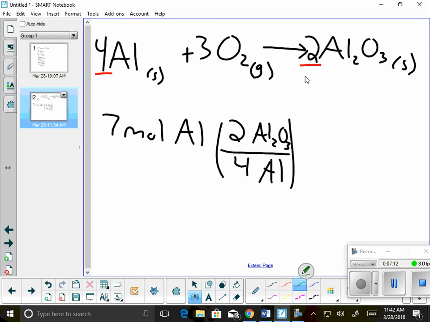How any type of conversion works is if I have aluminum right here on the top, it cancels out with aluminum on the bottom, which means algebraically 7 times 2 divided by 4 will give me my number answer, and now my unit will be moles of Al2O3. 7 times 2 divided by 4? 3.5.